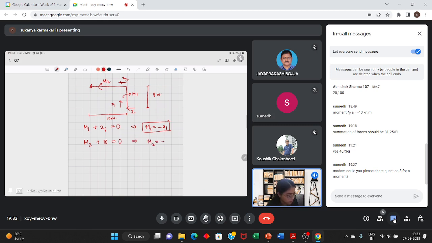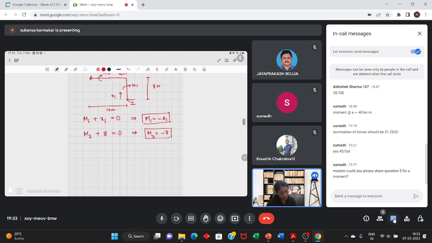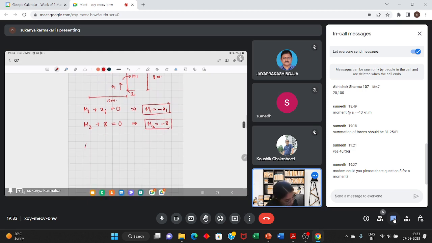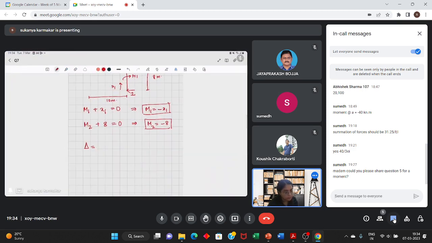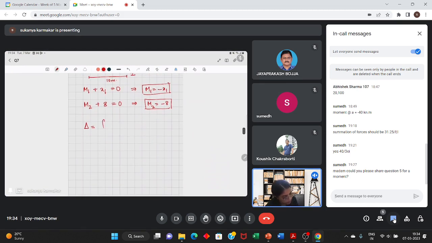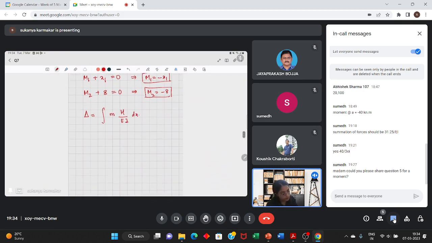So m2 is equal to minus 8. Now simply use the unit load method that says delta is equal to integration. Simply plug in the values.